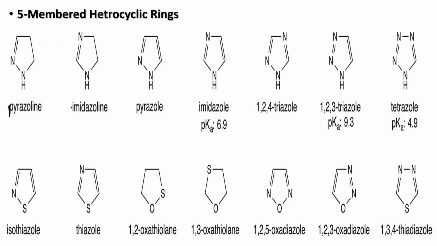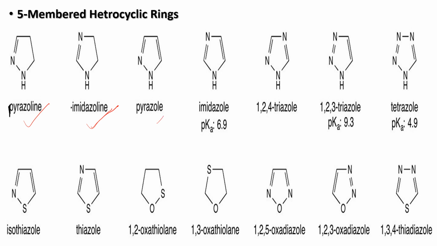Coming to continuation of 5-membered heterocyclic rings. First structure, pyrazoline, 5-membered ring. Imidazoline. Okay, imidazole. How to remember imidazoline? Just remember only one. In imidazole there are 2 double bonds. Here only 1 double bond.